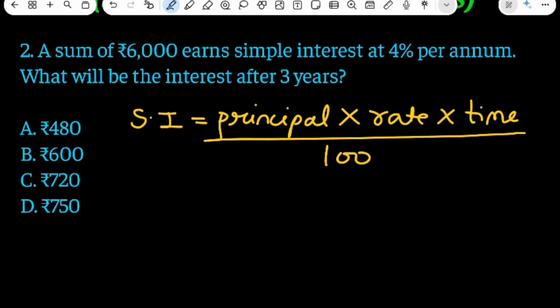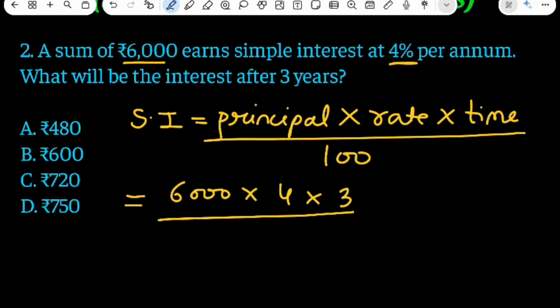Now solving the equation, we have 6,000 as the principal. We have to multiply it with the rate, that is 4, and we are also provided with the time frame, that is 3 years, divided by 100. Now keep solving it like this.